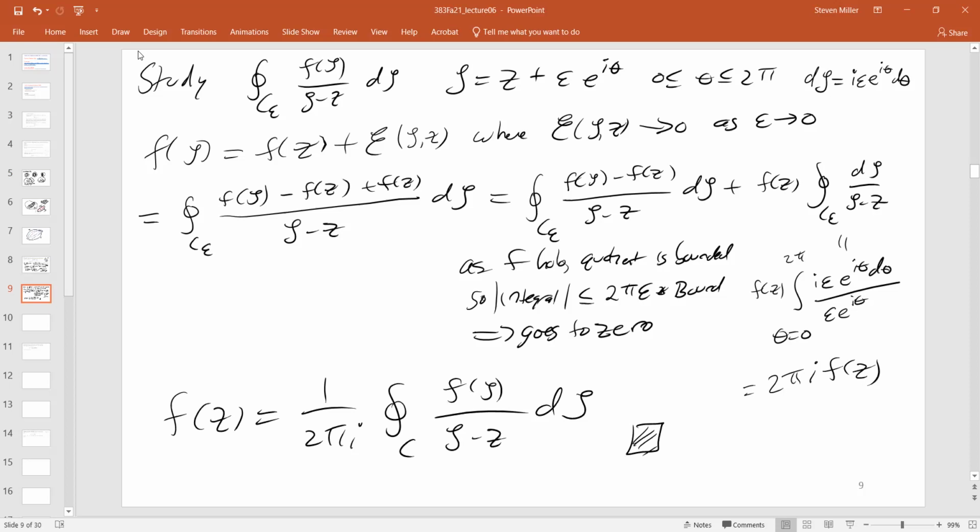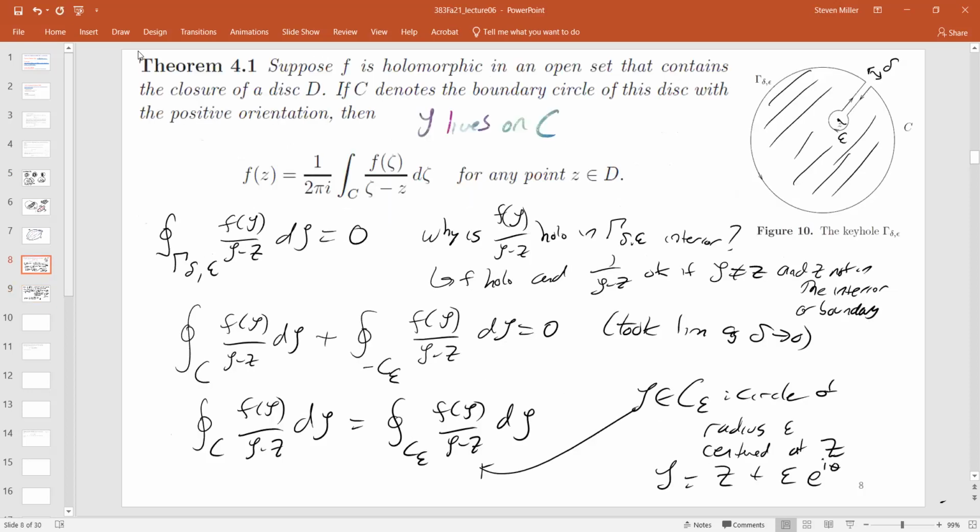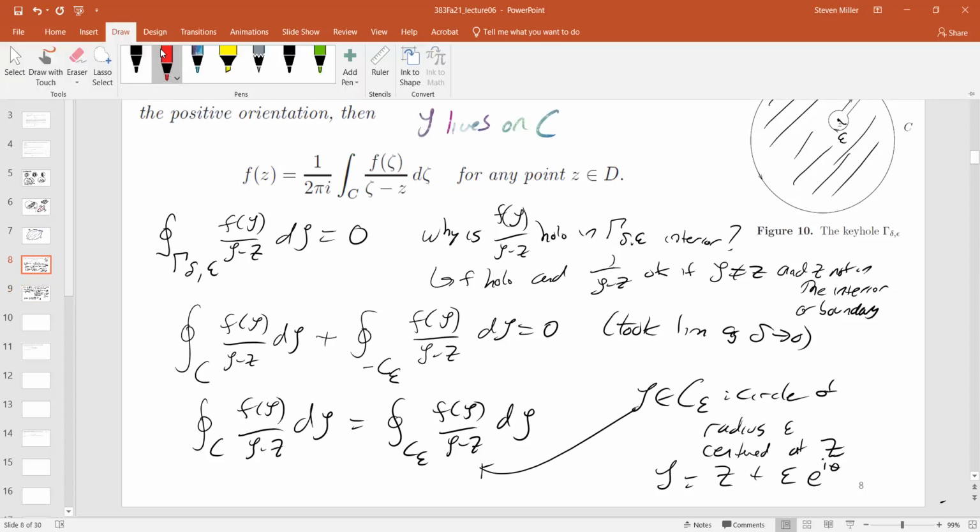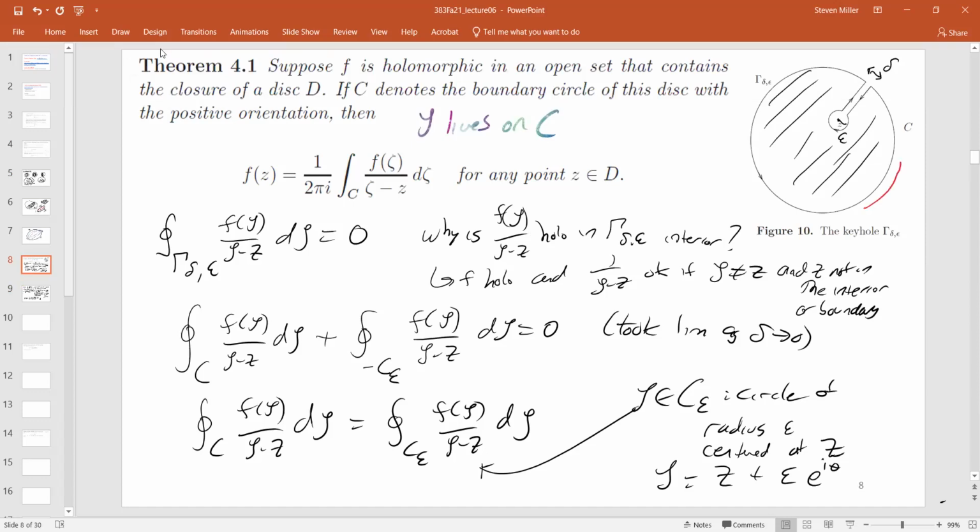Yes? Reverse the orientation of the epsilon again? Well, just remember that when we're walking through it, we're going clockwise. I'm sorry, we're going counterclockwise along the curve initially. Then we start coming down here.